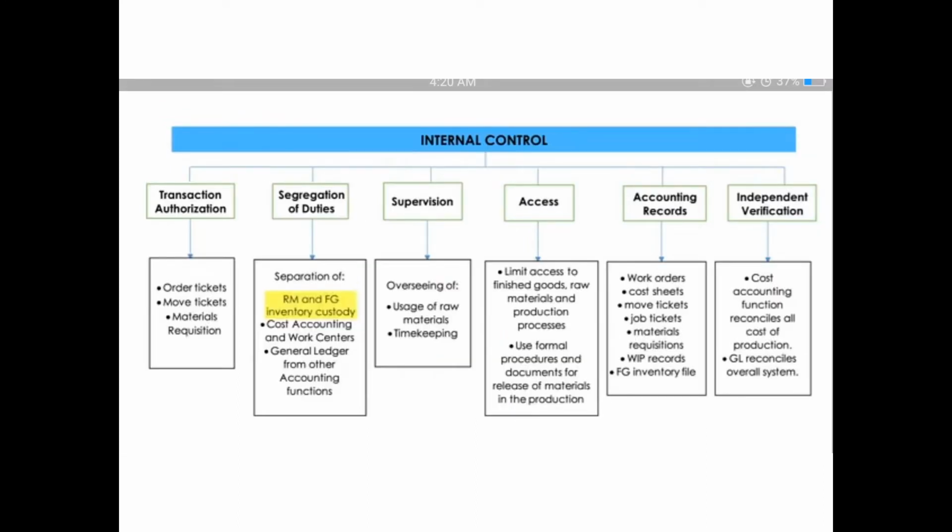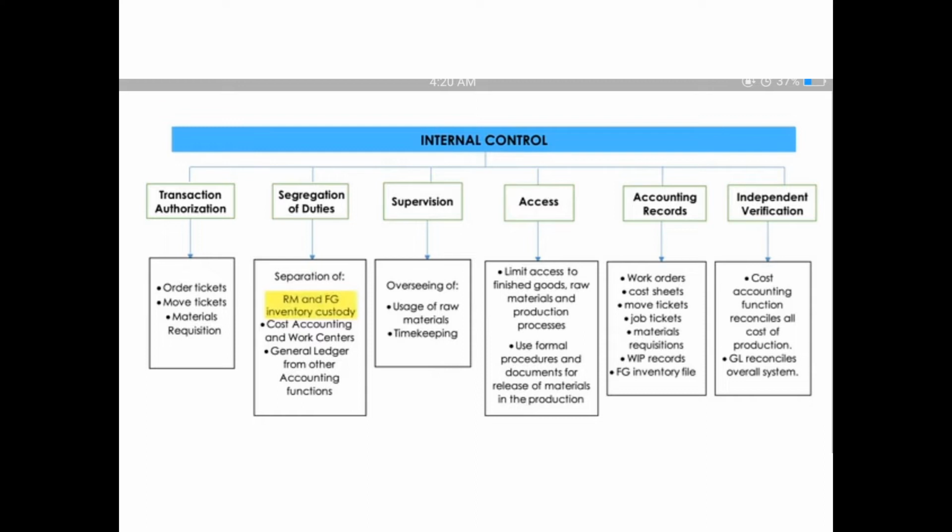Segregation of duties is the concept of having more than one person complete a task. This activity is kept separate from the materials storeroom and from the finished goods warehouse function, which have custody of these assets.